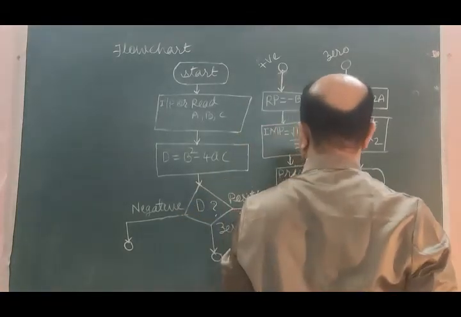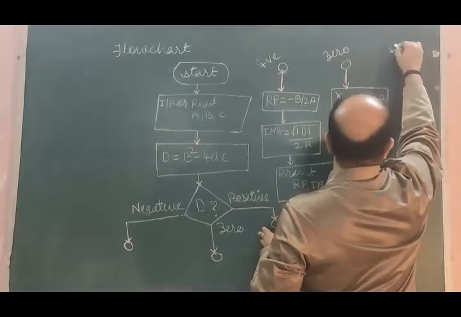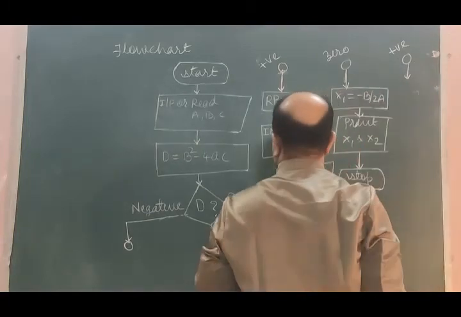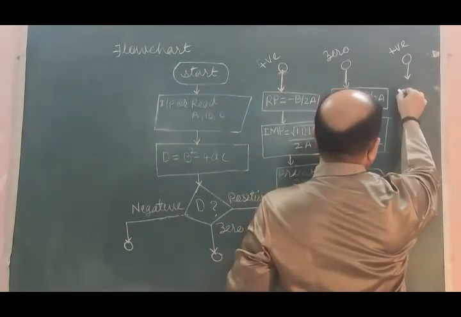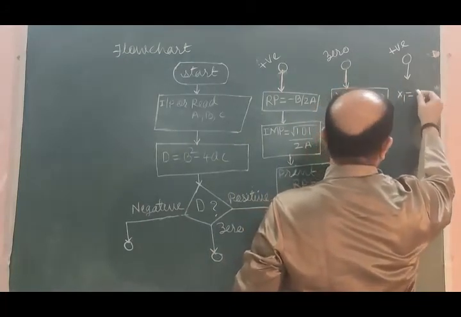And this third one is left for positive. When this is positive, I have to first find x1.